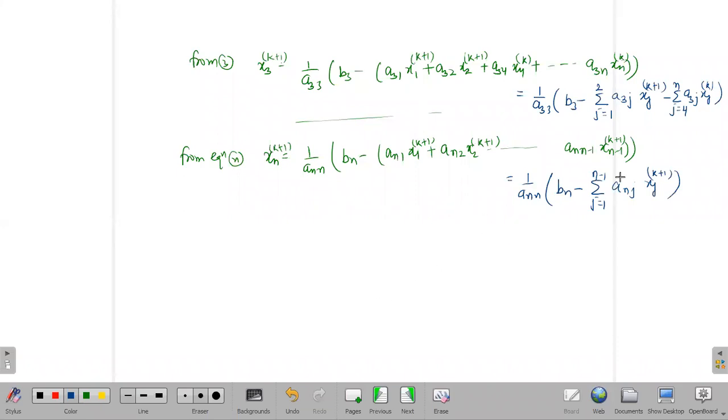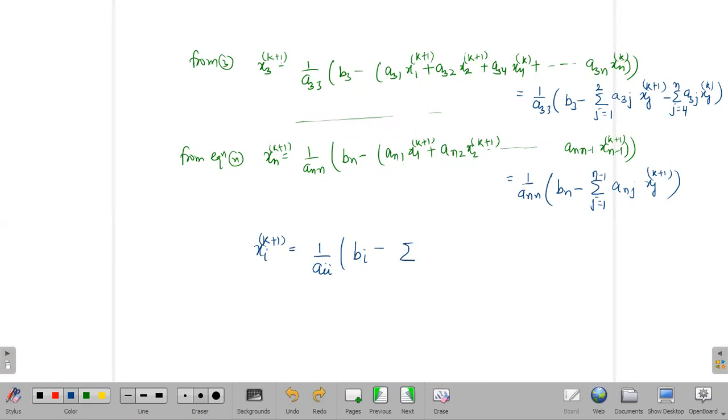So if I write again in the generalized form, then it is x_i^(k+1) = 1/a_ii [b_i minus, you have to use two summations here.